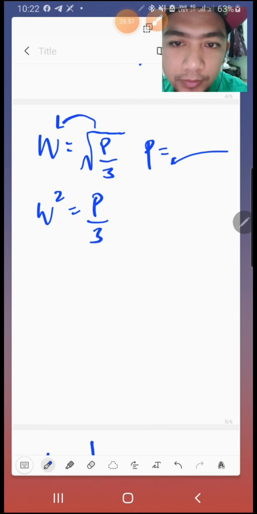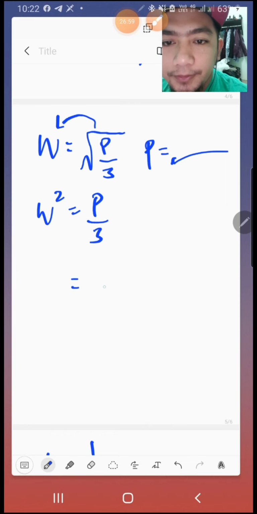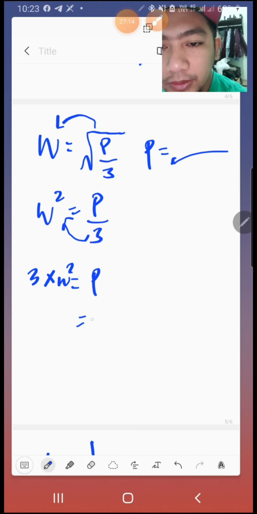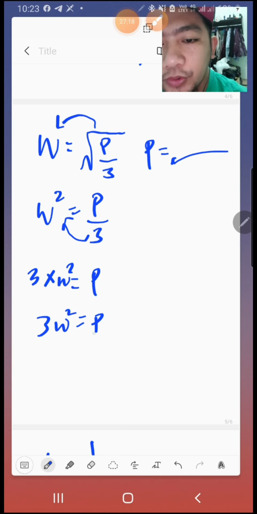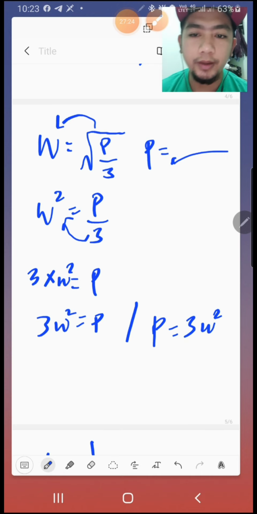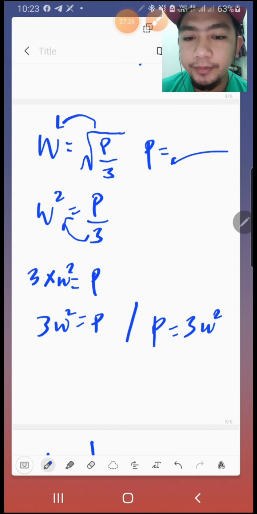So next, the 3 we need to bring to the left, but you need to multiply. So 3 times W square. So it will become 3W square, or you can write as P equal to 3W square. So it's simple, right?